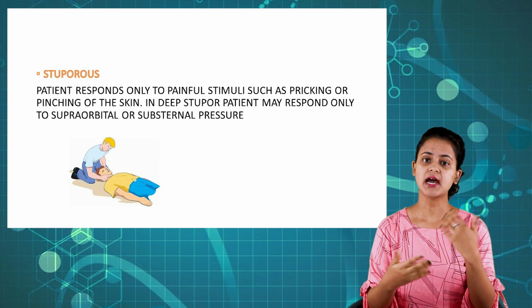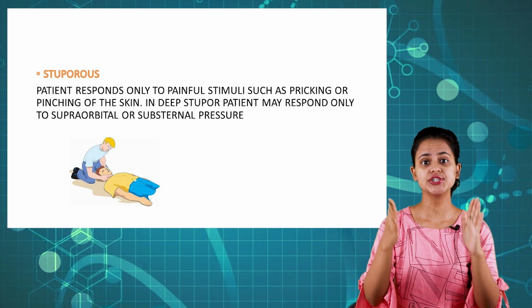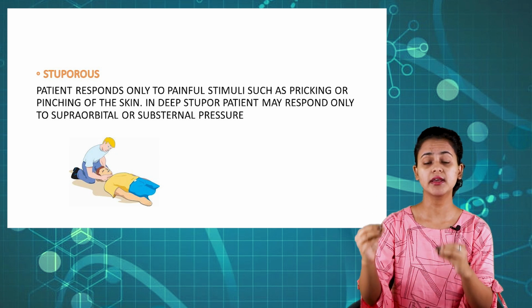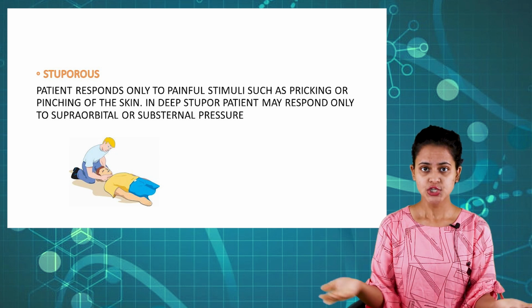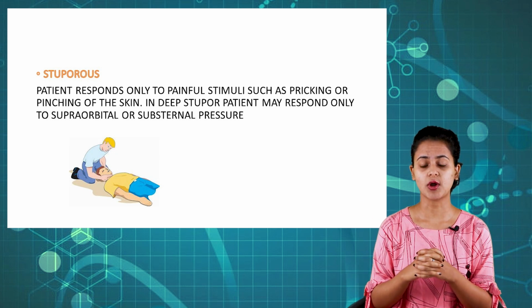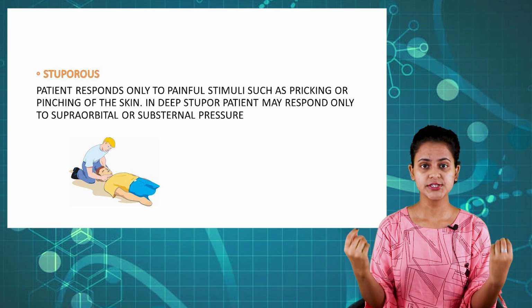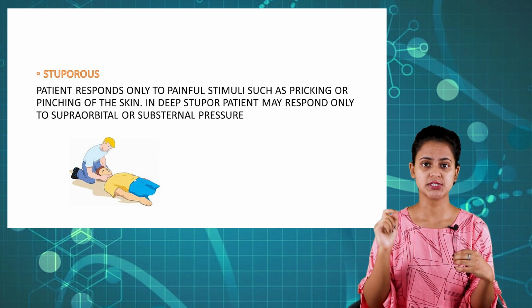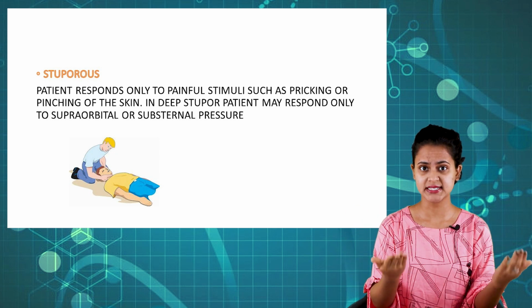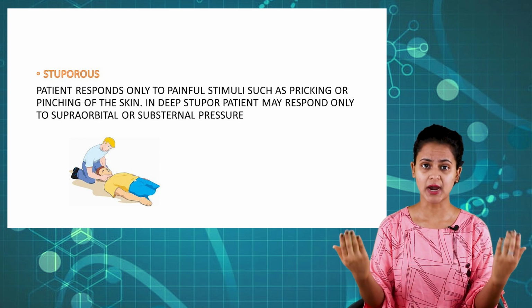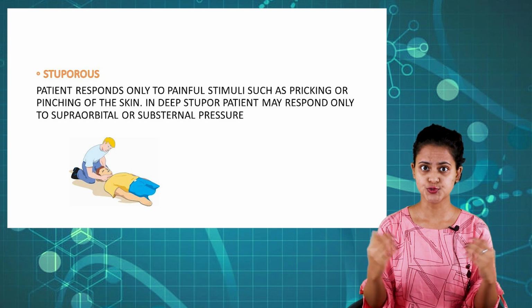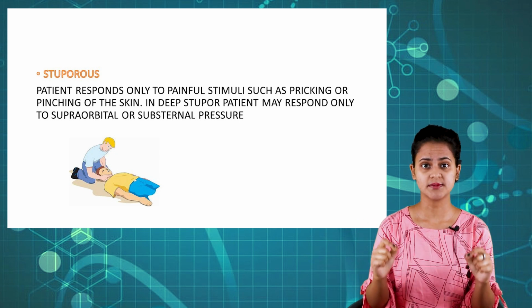In stuporous unconsciousness, we are going to see the patient will be responding only to painful stimuli. So in this stuporous unconsciousness, if we are pinching or pricking with some sharp object the client's skin or body surface, then only the client will provide some response towards the painful stimuli.